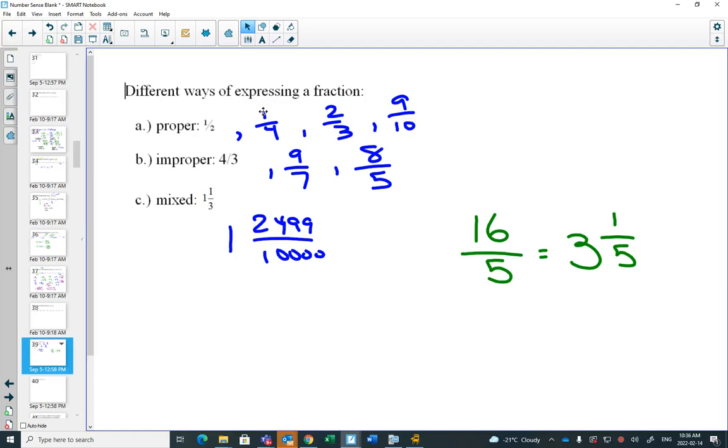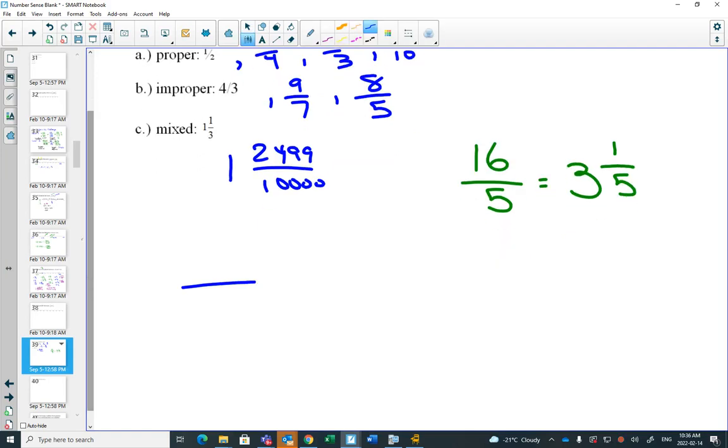Do you remember switching? So let's, like, I wrote it there, so let's do another one. Let's pick sevenths, and let's do 24 sevenths. How would you change that to a mixed fraction?